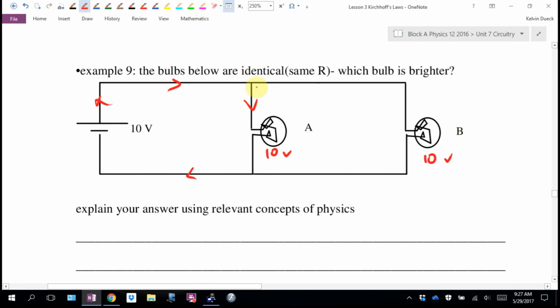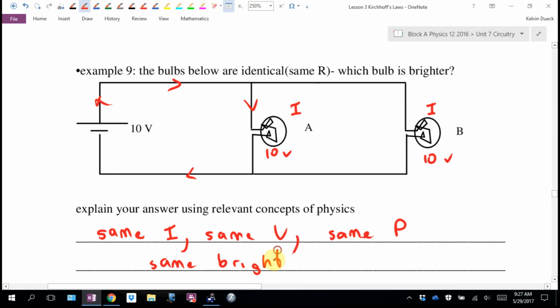So, same I, same V. Yes? What can you tell me about the power? So, same brightness. Gotta be.